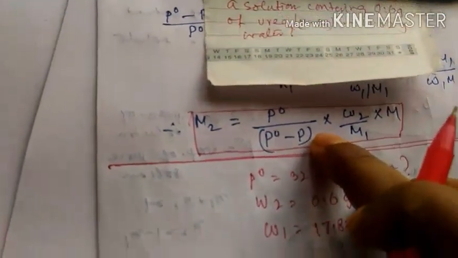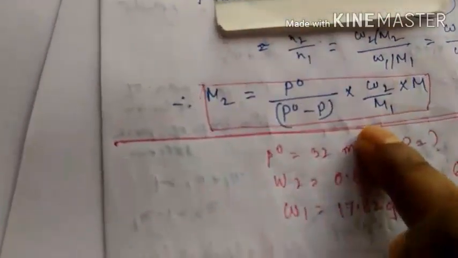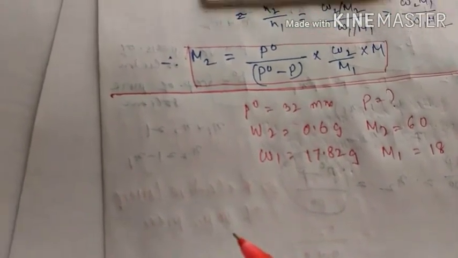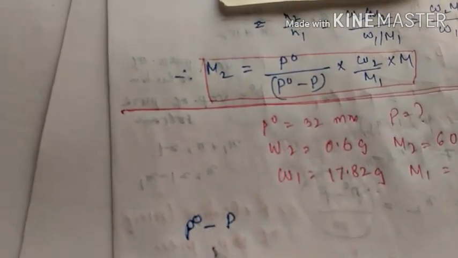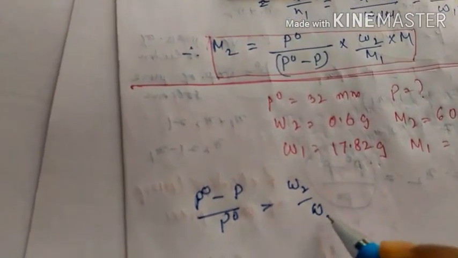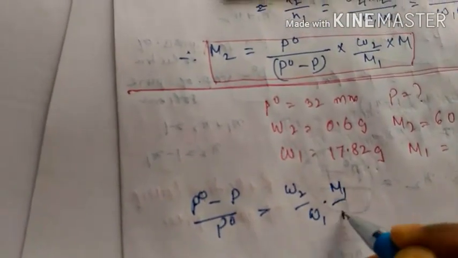Applying the formula, P0 minus P by P0 equals W2 by W1 into M1 by M2.